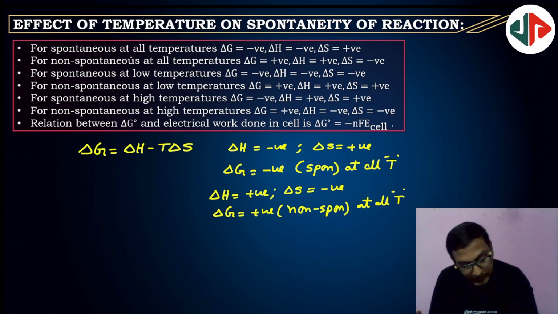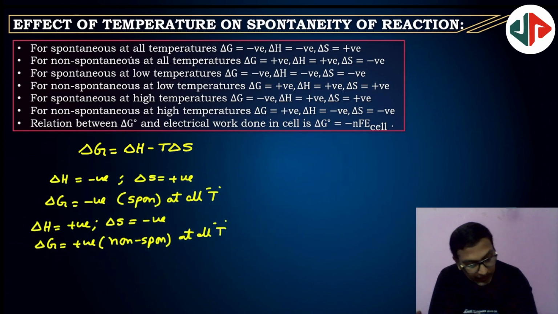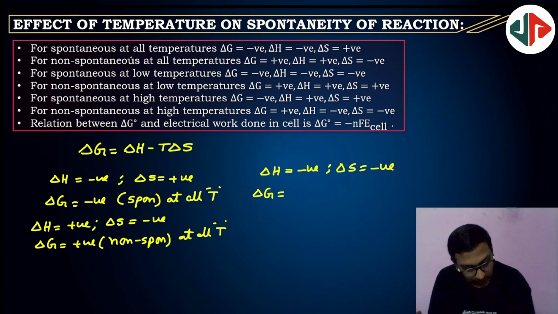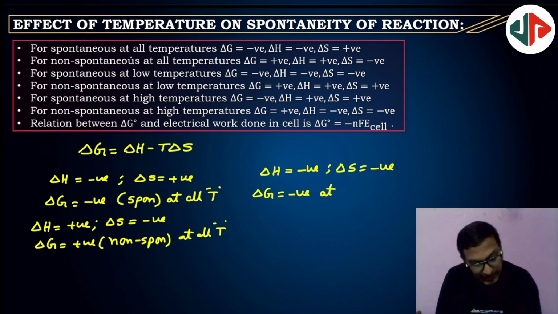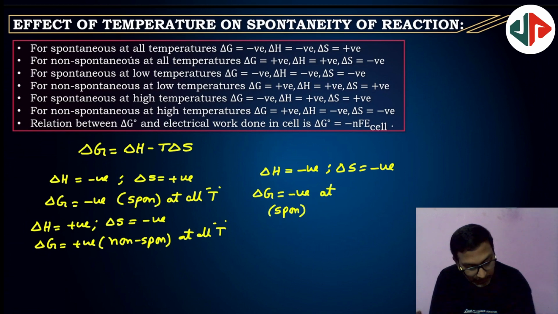Next condition, if delta H is negative and delta S is negative, both are negative. See here, delta H negative, delta S also negative. Therefore delta G negative, that means spontaneous at low temperature.